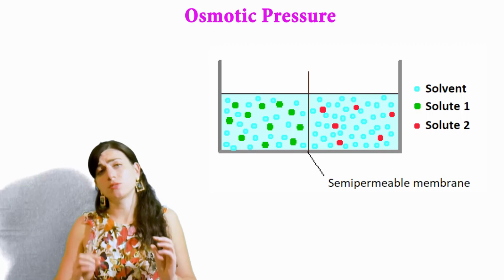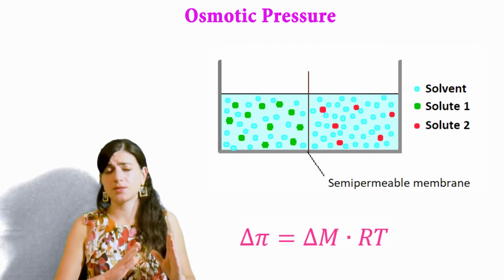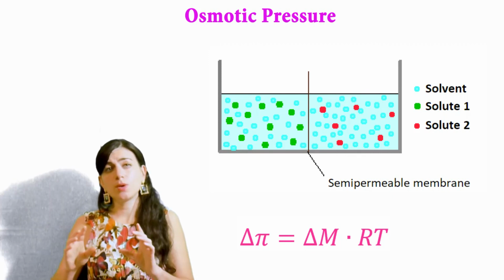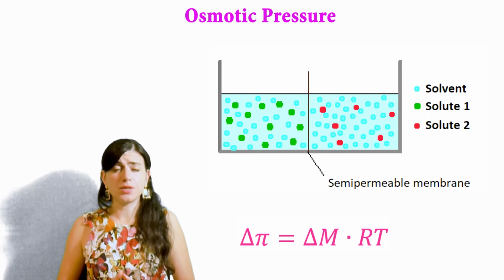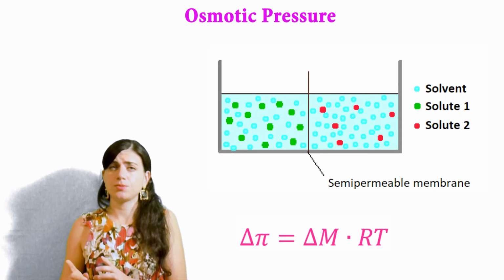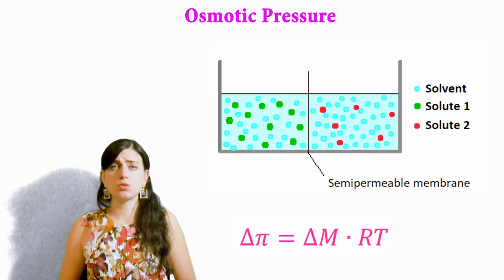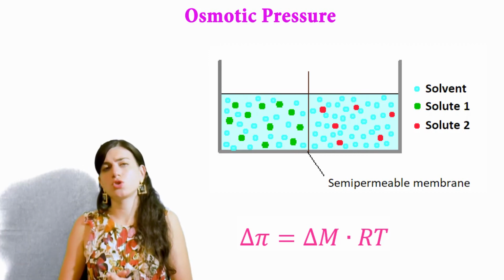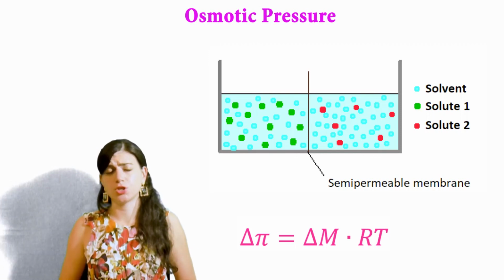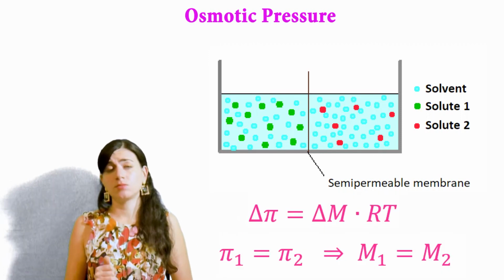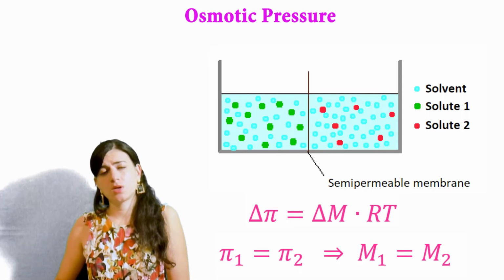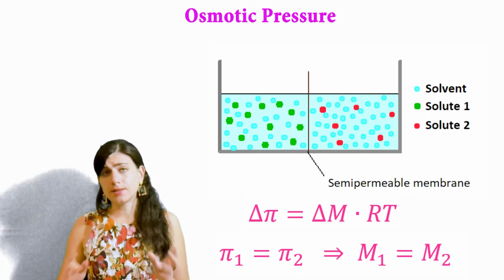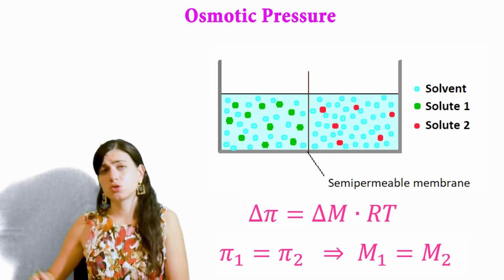The osmotic pressure this time will be given as the difference between the osmotic pressures of the two solutions, and this will be equal to the difference of the concentrations in molarity of the two solutions times RT. Now, as you can see, if the two solutions have the same osmotic pressure and they have the same i, the van 't Hoff coefficient, these two solutions will have the same concentration, and they are called isotonic solutions.